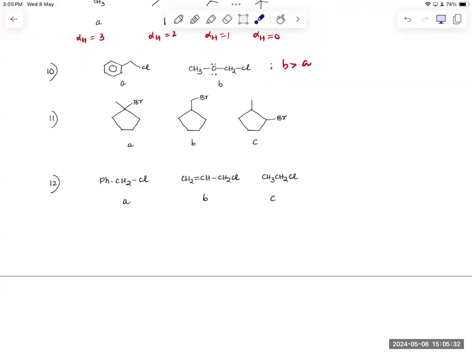I gave you the carbocation order the other day, so I hope all of you remember that. So A, B, C. A is tertiary, this is primary, this is secondary. So tertiary is always better. So A is greater than C, greater than B. Okay.